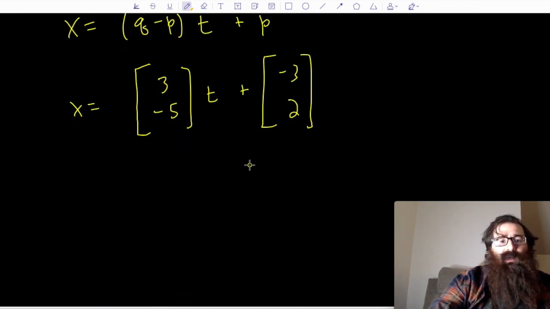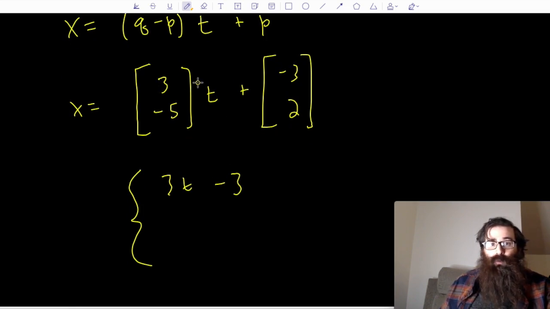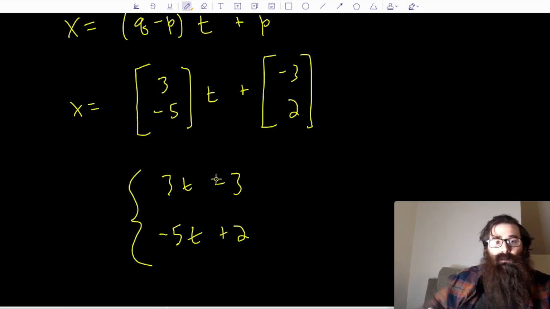Or what's nice is you could write these out as separate pieces. I might use a curly brace notation for this and say, here I have 3t minus 3, going along the upper entries, and then the second entries, negative 5t plus 2. You could call these separate entries x1 and x2, but this is the description of what that is.